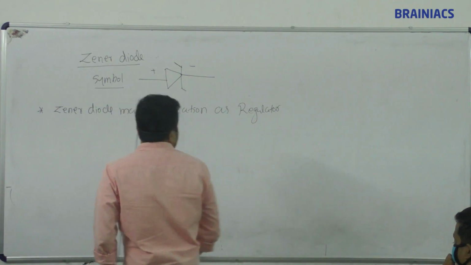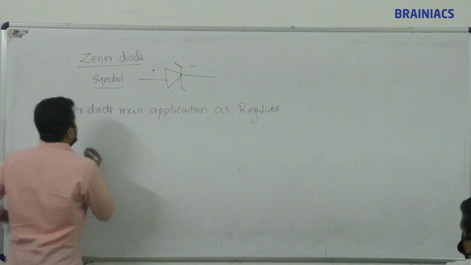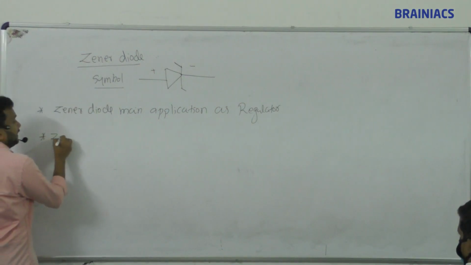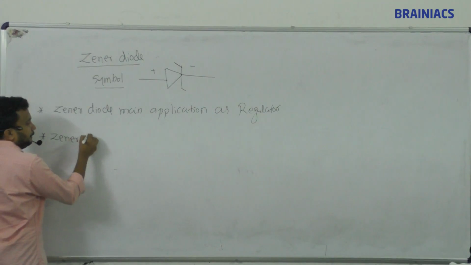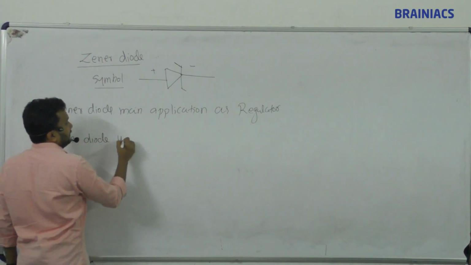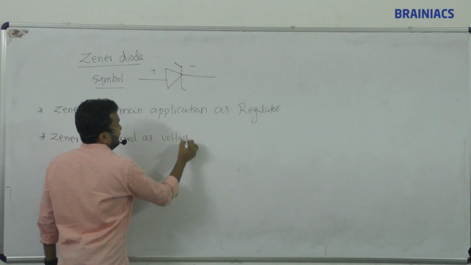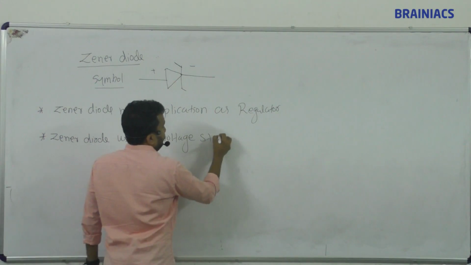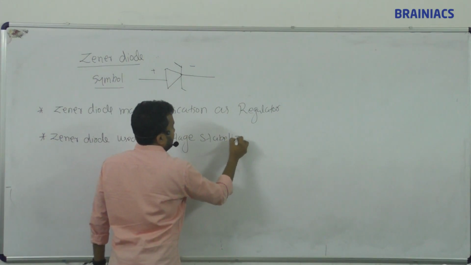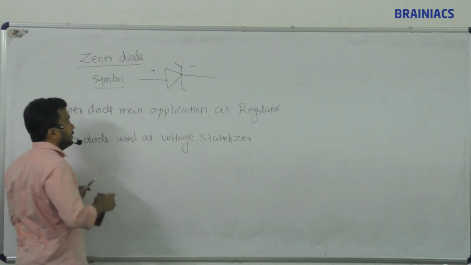So welcome. Write: the Zener diode main application as regulator. Zener diode used as voltage stabilizer.